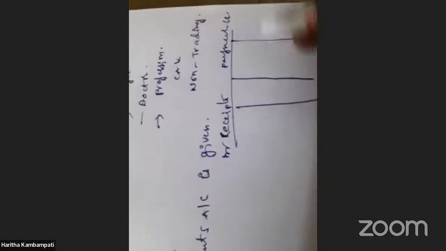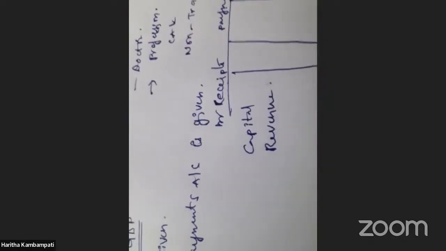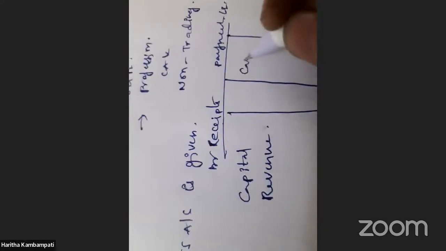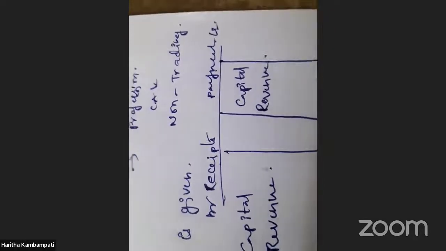If receipts are more than the payments, we can say that it is a gain, otherwise it is a loss. But in this, we will be writing both capital receipts as well as revenue receipts. Likewise, on the payment side also, we will be writing capital payments and revenue payments.